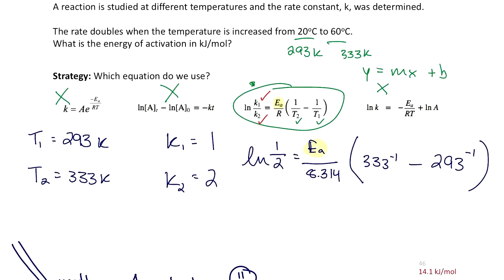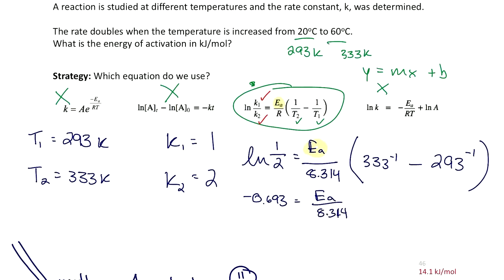Okay, and so now it's just a bunch of arithmetic to isolate activation energy. So natural log of a half is -0.693 equals activation energy over 8.314.